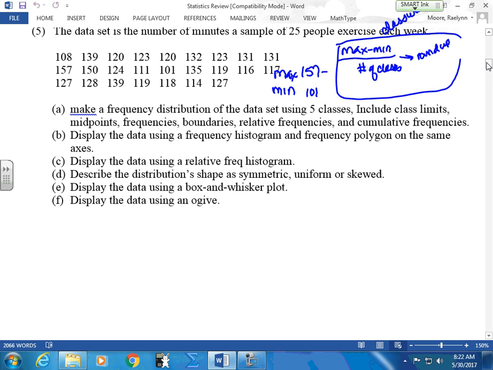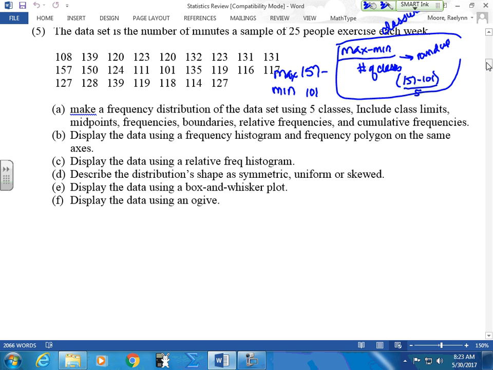Okay. All right. We find our class width. So we say this. 157 minus 101 divided by 5. Be careful when you put it in your calc because use your fraction bar. Don't get stuck because if you don't do that, you need parentheses around your numerator. So tell me what you get.